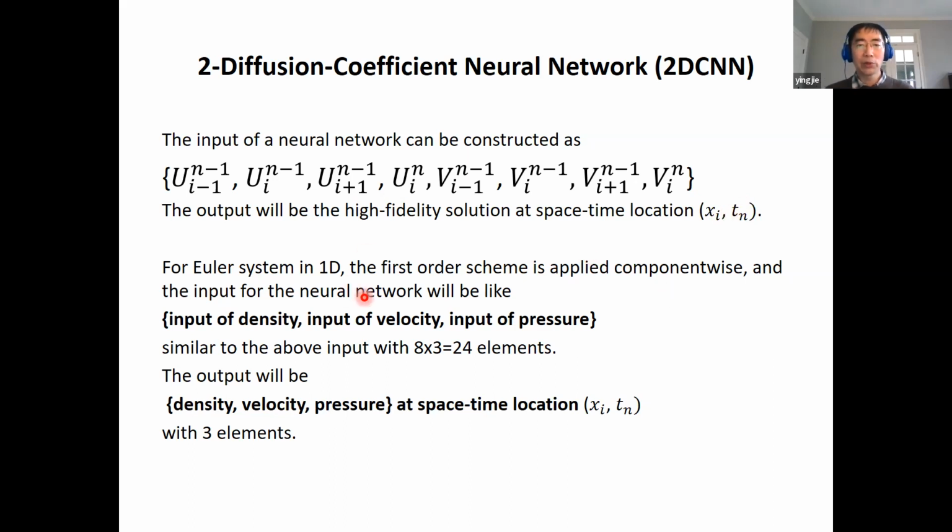For systems, such as the Euler system, this will be multiplied by 3 in 1D, and by 4 in 2D. So you can write it as input density, velocity, pressure, and the output will be density, velocity, pressure at the space-time location.